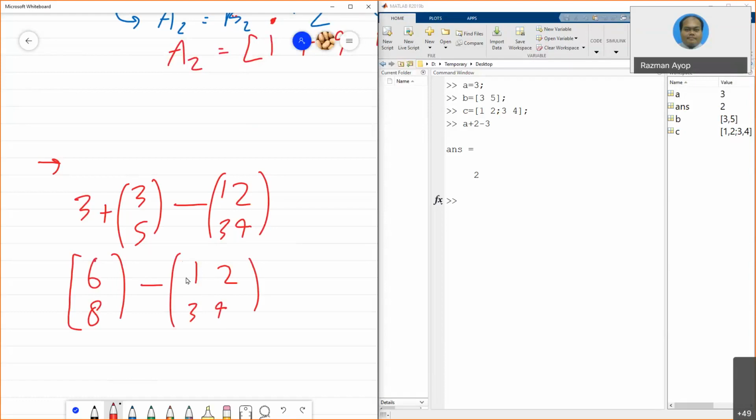So how to do this? If you do matrix, so remember how to do this? Okay, let me Google first.